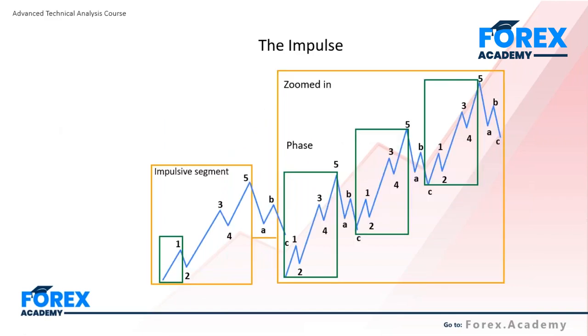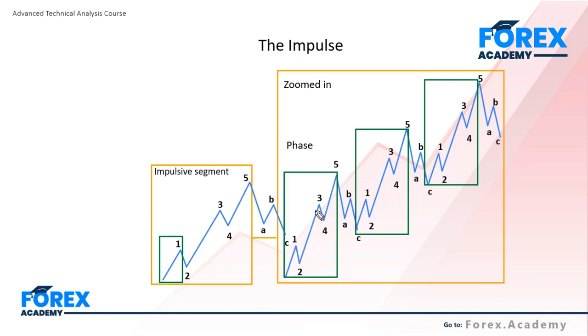If we look at the impulsive segment in a little bit more detail, and we take the component that we were looking at in the previous slide and zoom into that activity, it then also makes sense because of the repetitive nature of the wave structure that each impulsive wave that makes up this one impulsive wave will in turn also break down into a 5-wave structure.